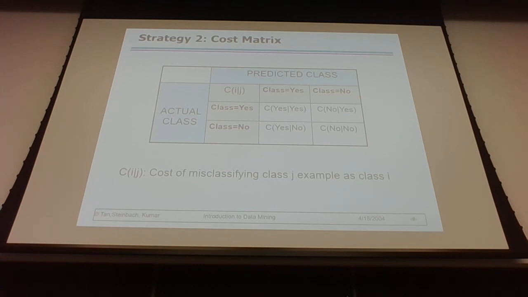Cost metrics means you can have more cost for the positive class than the negative class. So if you make an error in the positive class, you pay a penalty, and if you make an error in the negative class, you don't pay as much penalty. In that way, you can associate a cost for misclassifying the positive class.